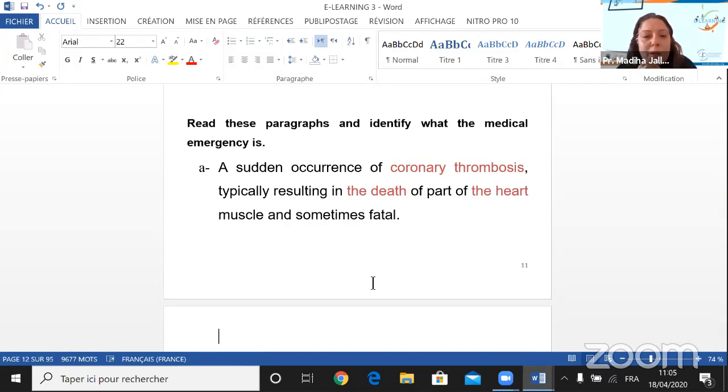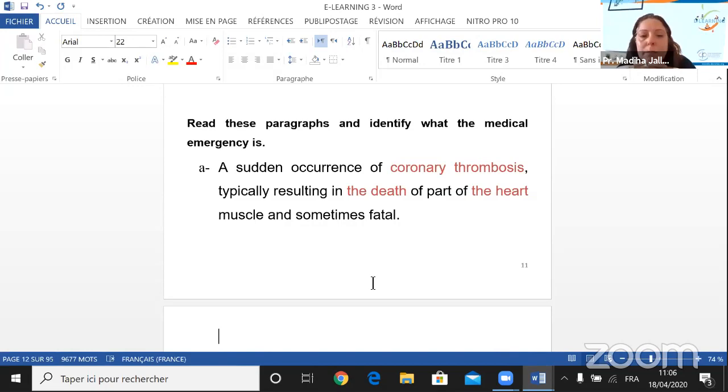Yusra, for example, can you read, please? A sudden occurrence of coronary thrombosis, typically resulting in the death of part of the heart muscle, and sometimes fatal.